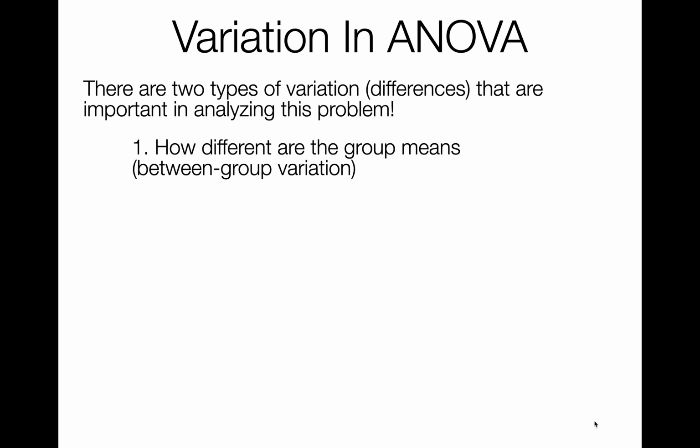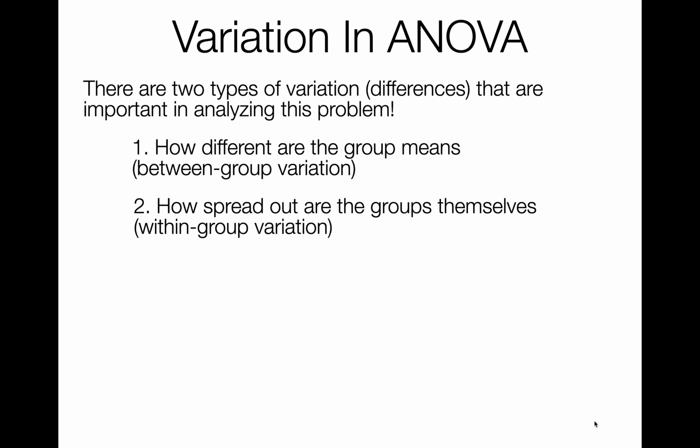That's what I showed in the first slide, when I saw that the group means were 10, 11, and 12 for each lab. So that's important. Where the average of each sample lies, and the differences between those, we're going to call that between group variation.